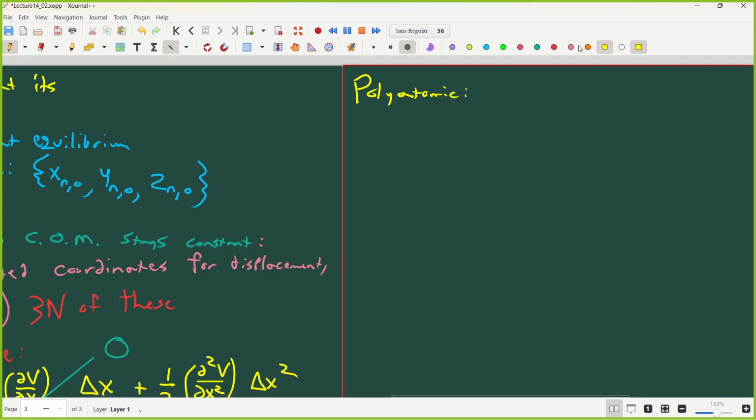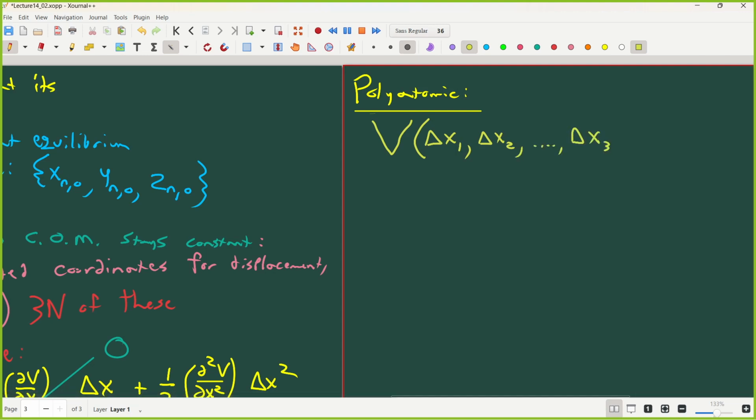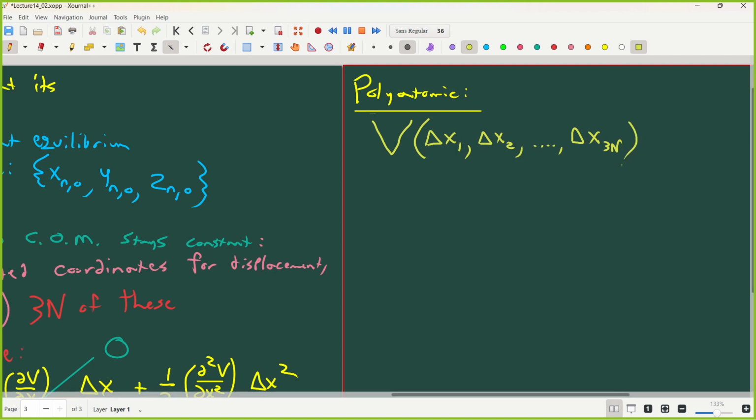Our potential now is a function of delta x1, delta x2, all the way up to delta x3n, right? Because there's 3n coordinates for an n-atom molecule.